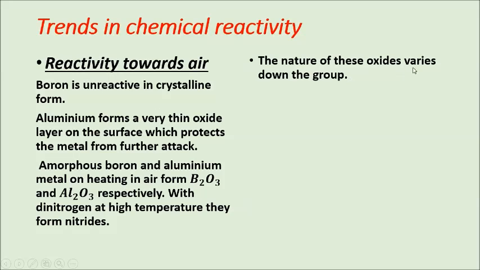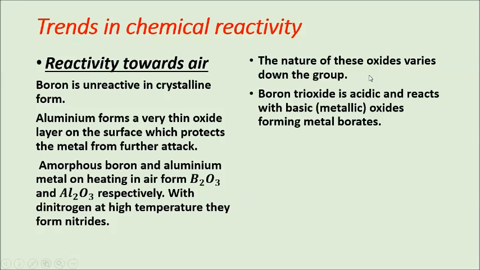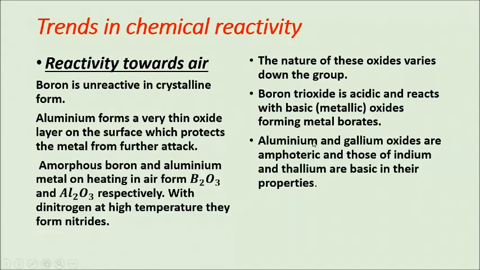The nature of these oxides varies down the group. Boron trioxide is acidic in nature and it reacts with basic oxides or metallic oxides, forming the metal borates. Whereas the aluminium and gallium oxides are amphoteric, and those of indium and thallium are basic in their properties.